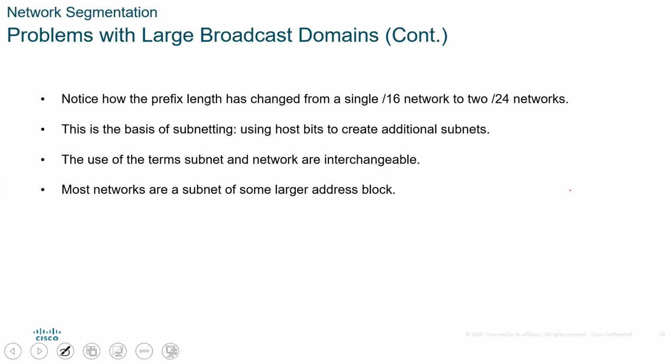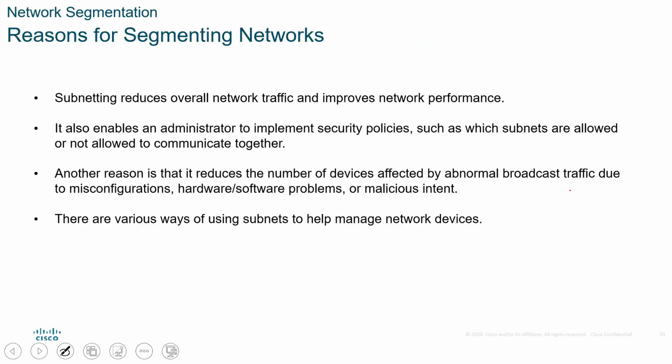So the use of the terms subnet and network are interchangeable. Most networks are a subnet of a higher address block. A higher address block is usually known as a supernet. Okay. Now, why then do we do subnetting?